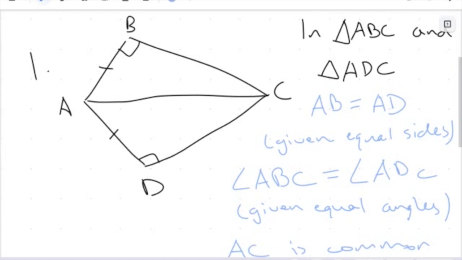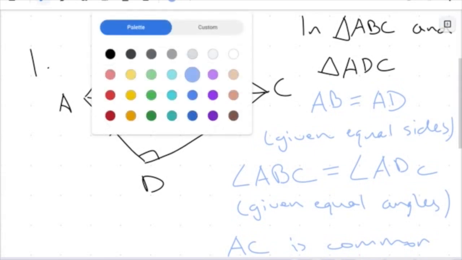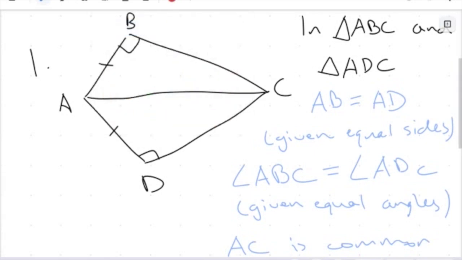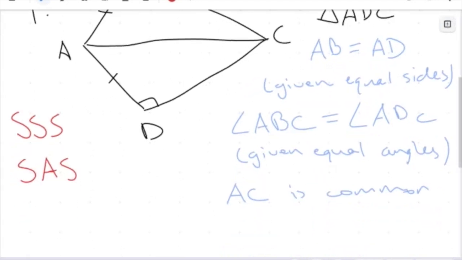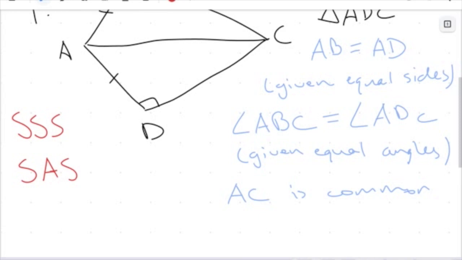Now, we want to write a concluding statement about congruence. And to do so, we want to choose one of the 4 ways that 2 triangles can be congruent. Now, if we remember from last year's content, this can be 3 sides all equal, 2 sides and an angle, now the angle being the included angle, the one in between the 2 sides being equal.